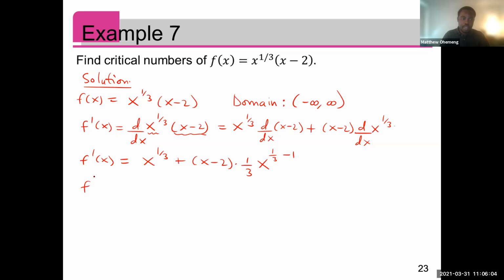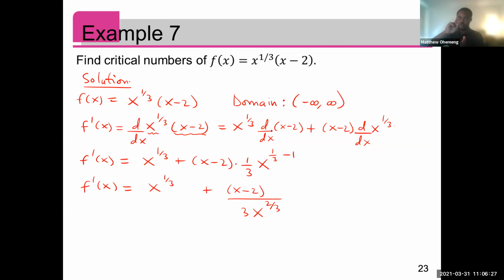So you have something like f prime of x equal to x to the 1/3, and then plus, let me leave some room here, (x minus 2) over 3x to the 2/3. But then you have to write this as a single quotient.